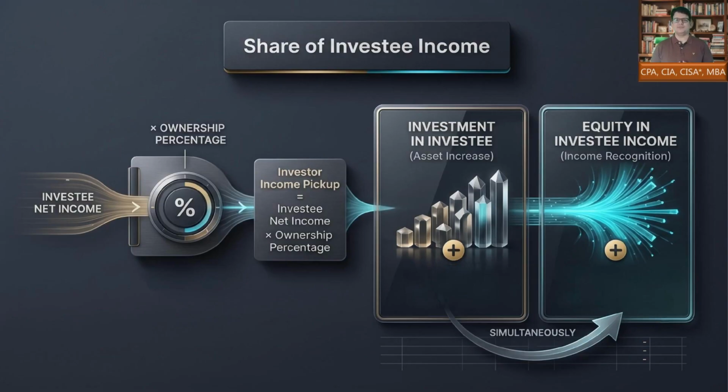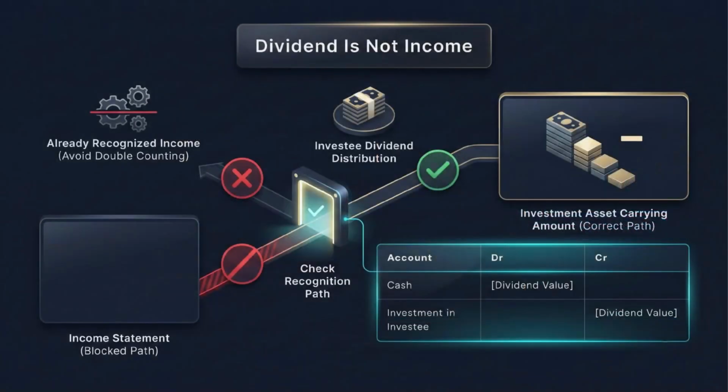This means the investor's income statement increases and the investment carrying amount increases by the same amount. That double movement is important. The investor is not receiving cash yet, but its share of investee earnings increases the economic value represented by the investment account.